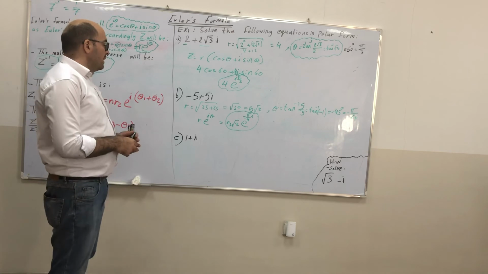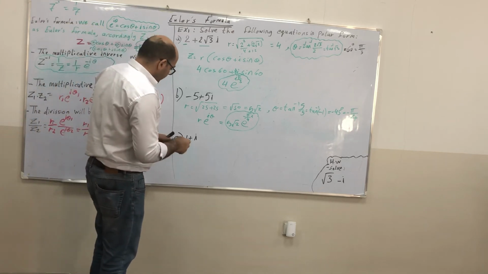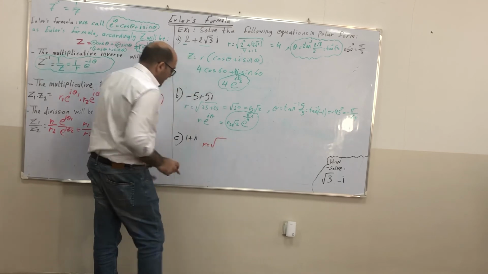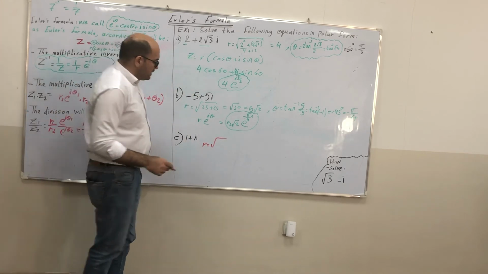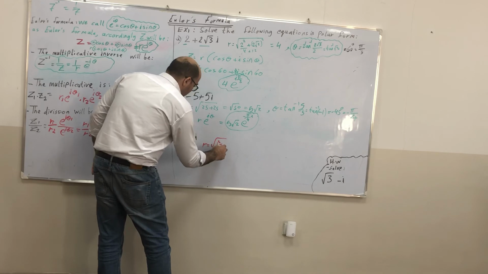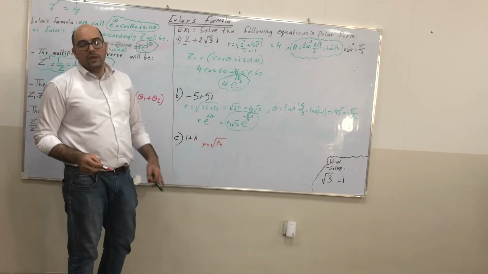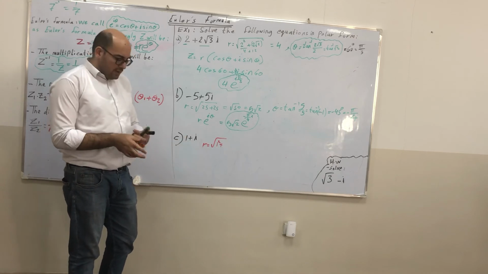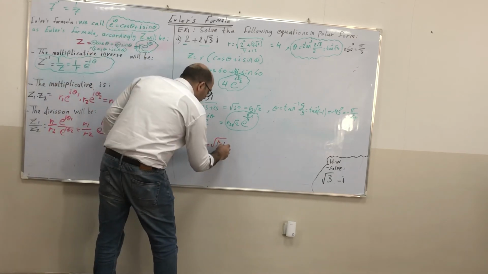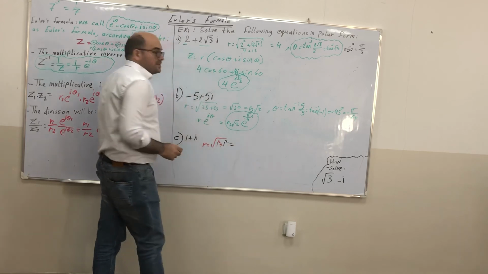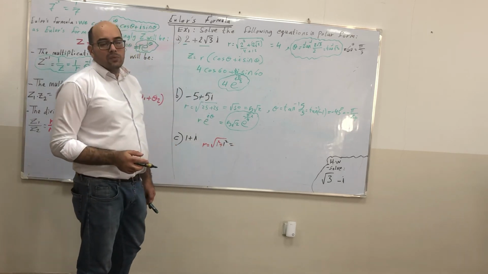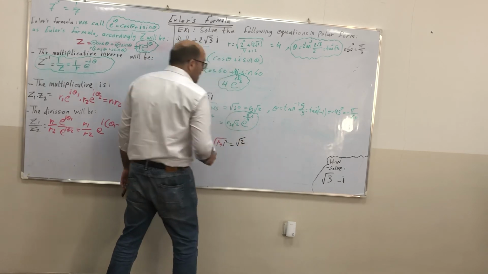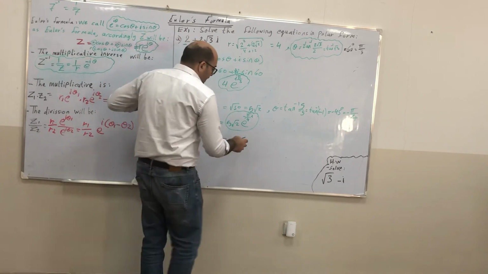Let me jump to the last exercise. I will find r equal to the root of, what is the first value I have? 1 squared plus, what do we have in here with the imaginary part? I have I, so it's 1 squared also. The result is root of 1 squared plus 1 squared, which is root of 2. I need to find the angle.